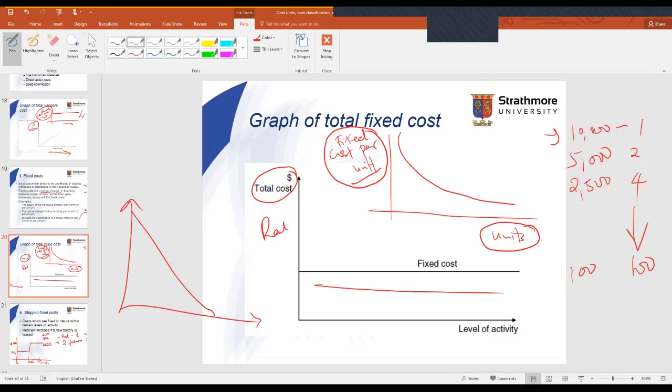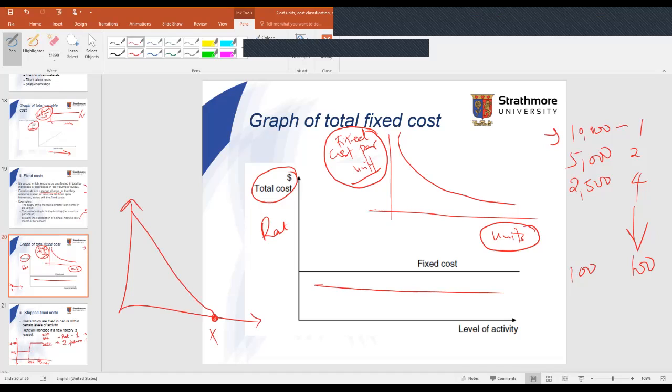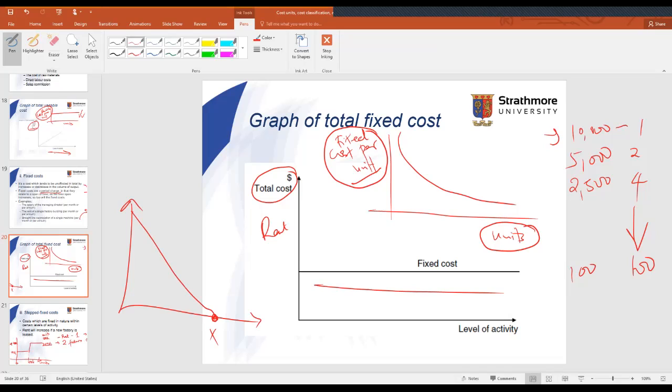It can't be like that. If you draw a straight line, it means the cost per unit line will have to touch our x-axis at some point. Is that realistic?